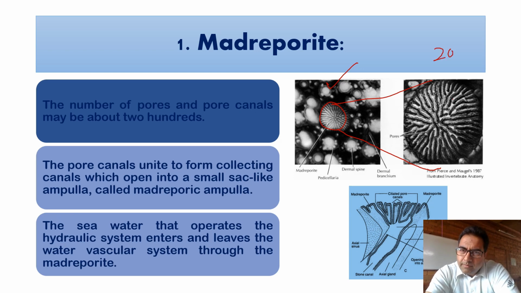The pore canals unite to form the collecting canal, which we call the ampulla. Don't get confused, it is not the ampulla of the tube feet; it is the ampulla of the Madreporite, so we call it the Madreporic ampulla.